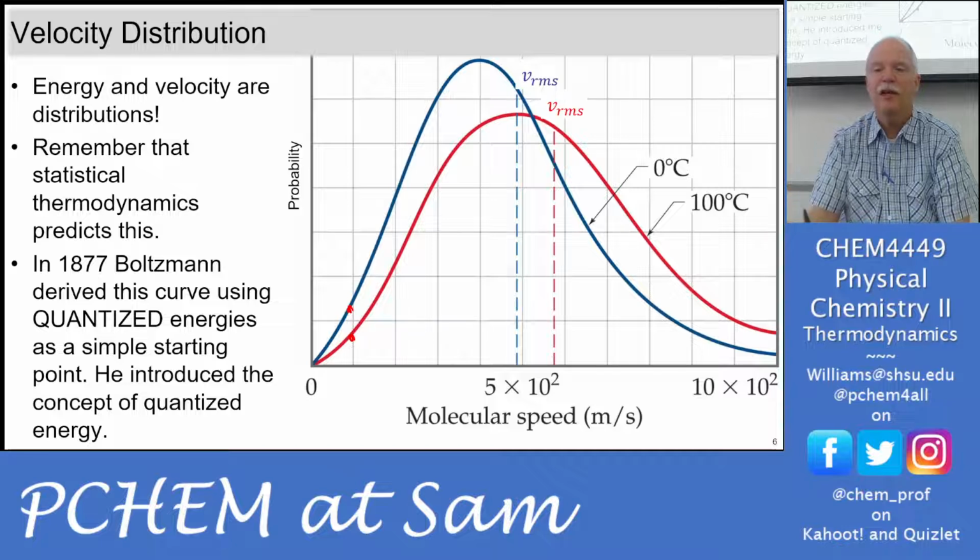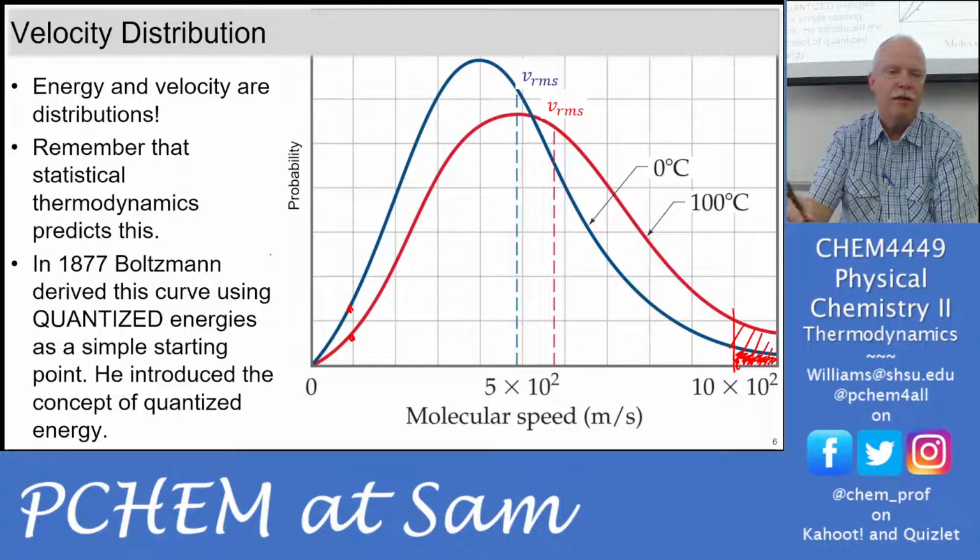This is the origin, say, of vapor pressure too. So if this is enough velocity for the gas to escape the surface of a liquid, then notice that 100 C would have more molecules that have the energy to escape the liquid, and at 0 C you have fewer molecules that have enough energy to escape the liquid.